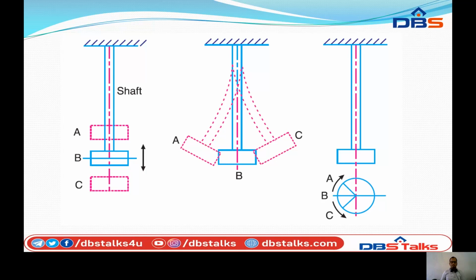The third diagram indicates this: by rotating of the disc, the shaft and at the same time the disc are also rotating, then the vibrations are called torsional vibration. In this case, twisting torsional shear stresses are introduced.